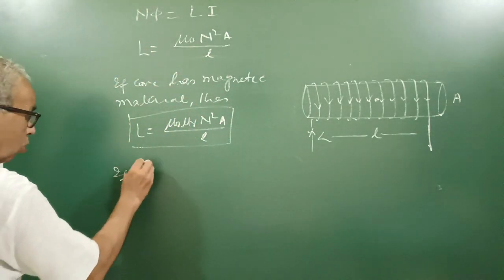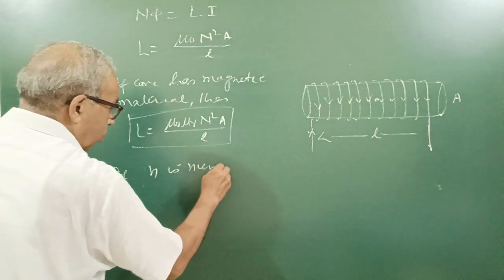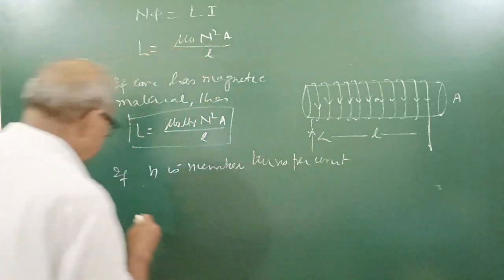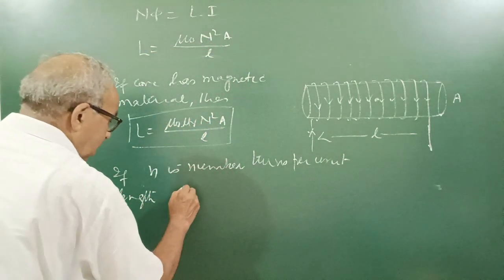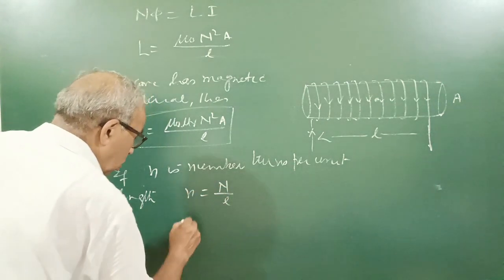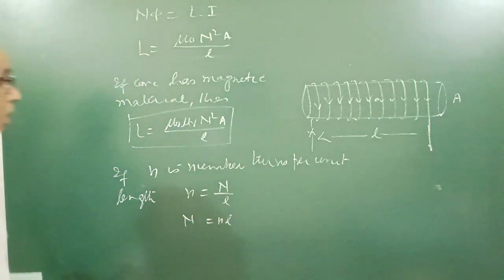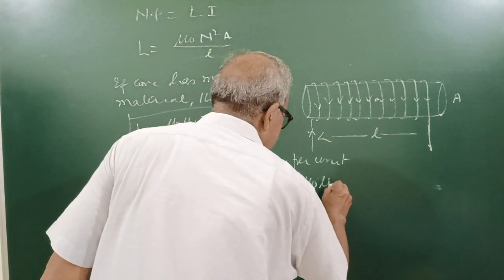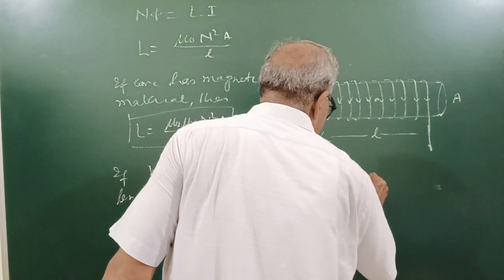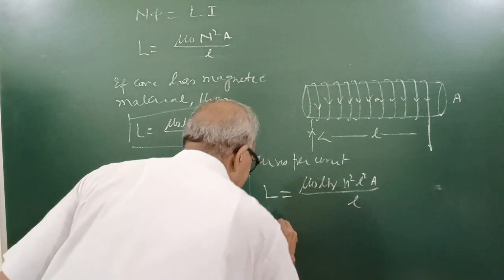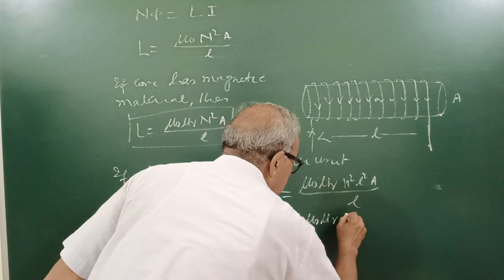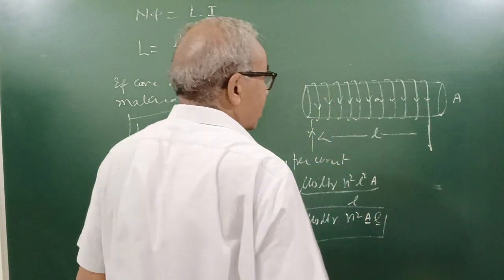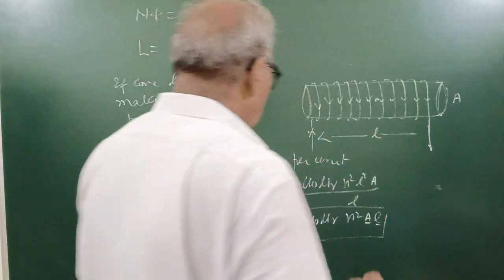If small n is the number of turns per unit length, then n equal to N upon L, or N equal to n L, and then L equal to mu 0 mu r n square L square A upon L. This L gets cancelled, we get L equal to mu 0 mu r n square A into L. Here A into L, this area and length, give the volume of the solenoid.